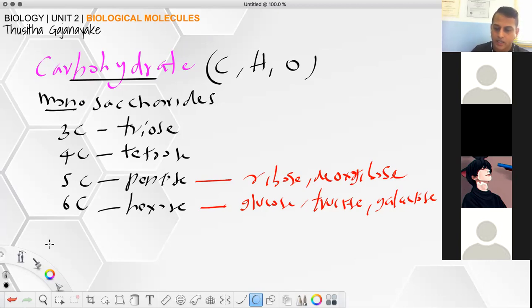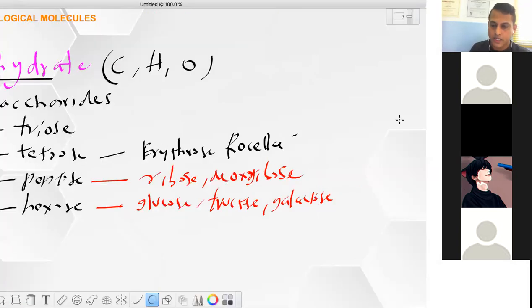This one is less common in nature, erythrose. They are found in organisms but less commonly. For example, it is common in a plant called Rosella, right? Rosella is actually a lichen.